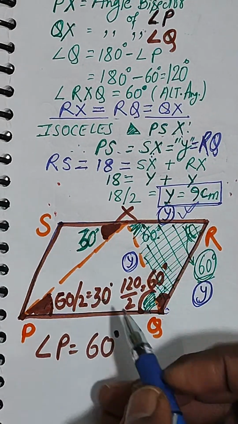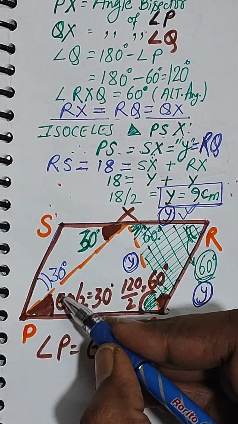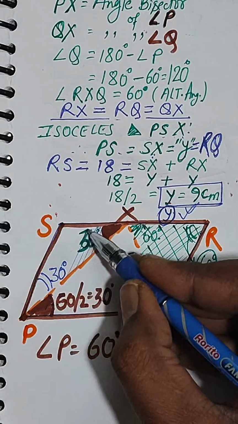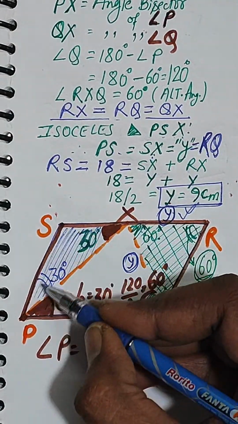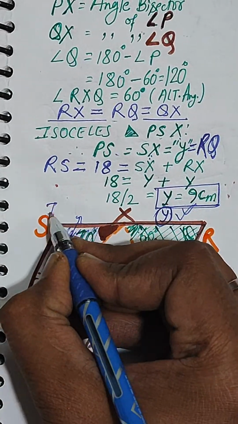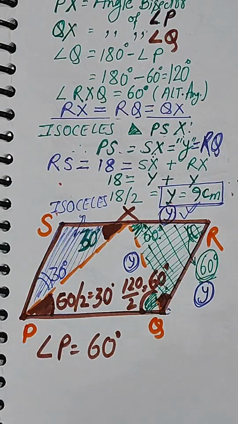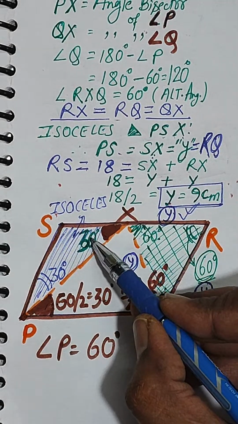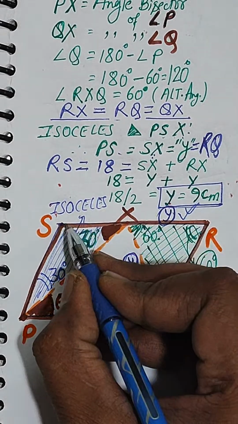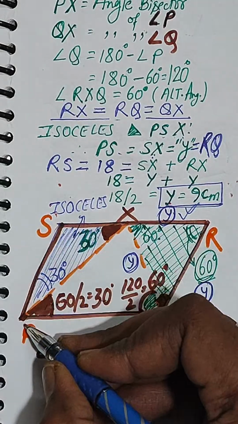Now this is 30, then this is also 30. If both of these are 30, you can see this is an isosceles triangle. So being an isosceles triangle, the length of SX is equal to the length of PS.